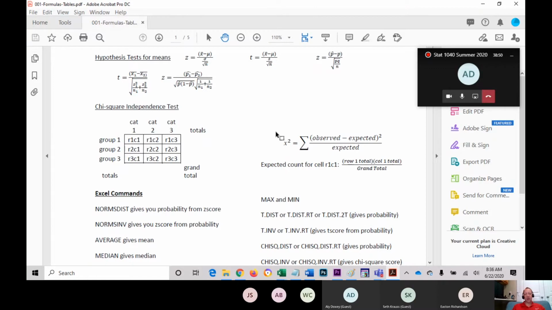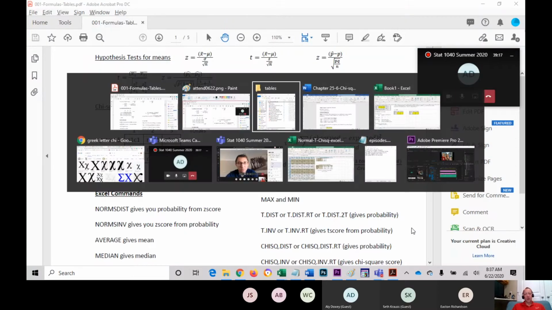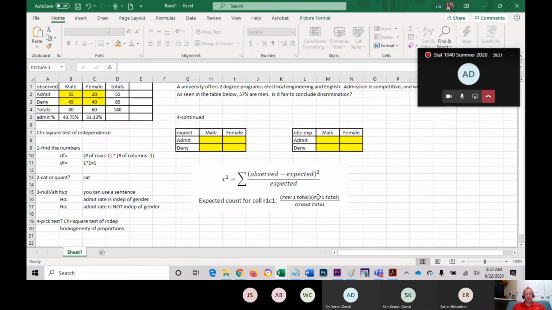You're going to need the chi-squared test statistic, which is right here. And you're also going to need your expected count table. Now, the expected count, this formula changes depending on where you are, okay? I'm going to copy both of these here really quickly and paste them here so that we have them here.